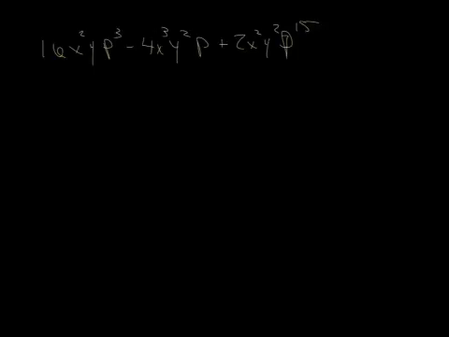Okay, so this is a 2 times 2, and this is a 2 times 2 times 2 times 2. Okay, so here's my parenthesis. I've got a minus and a plus. So I've got 3 places here, here, and here to put stuff.